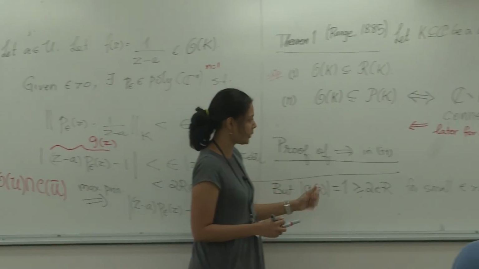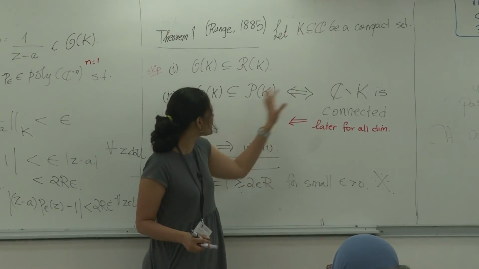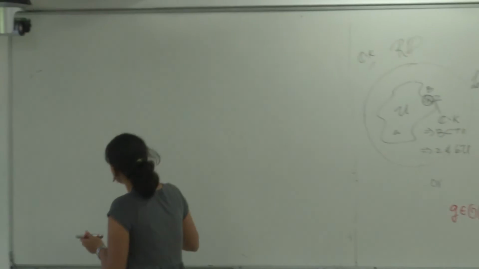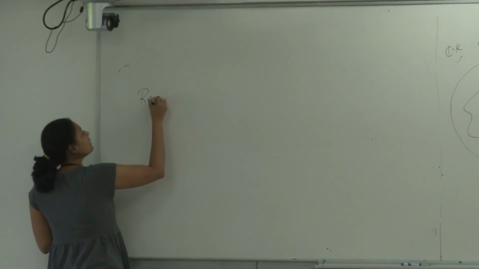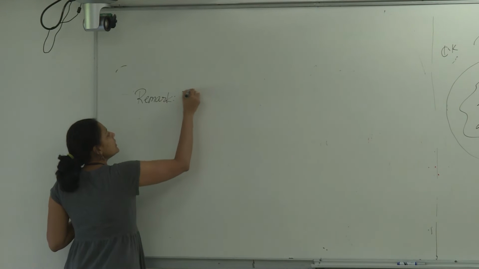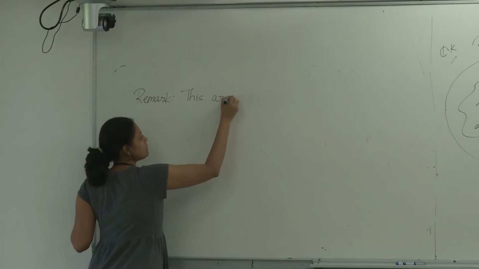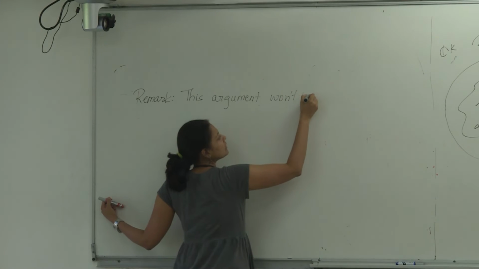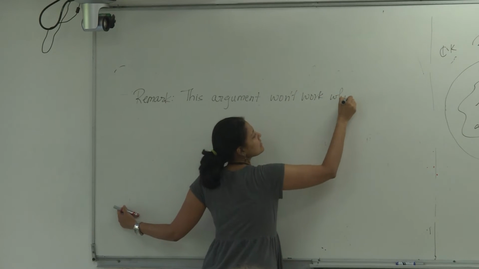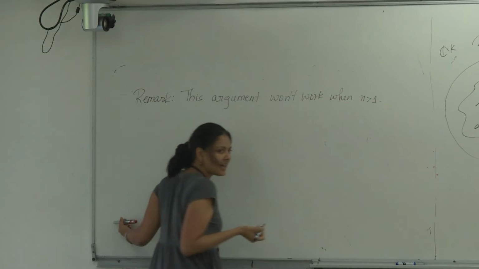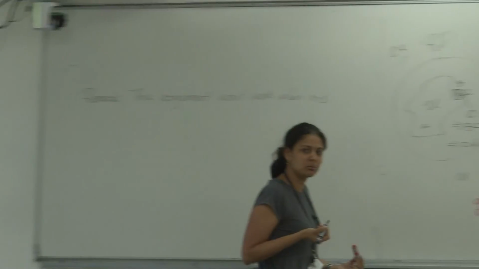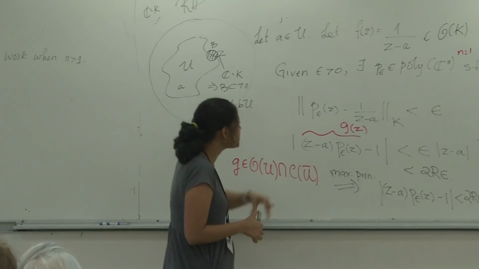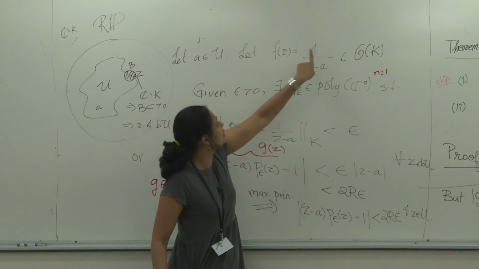But I want to switch to higher dimensions. So let's ask ourselves, if I assume this, do I still have the same sort of statement? So remark. This argument won't work when n is greater than 1. And why is that? What is the problem over here? We have this construction over here.